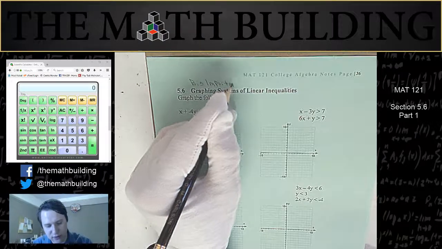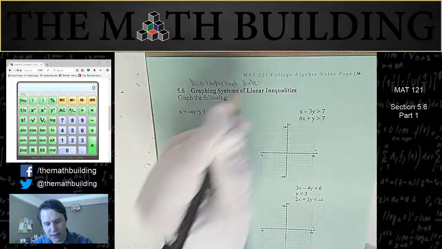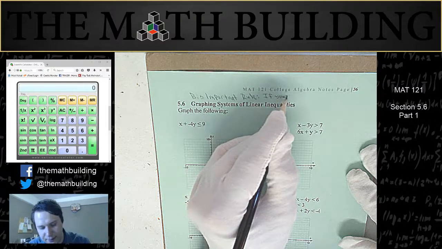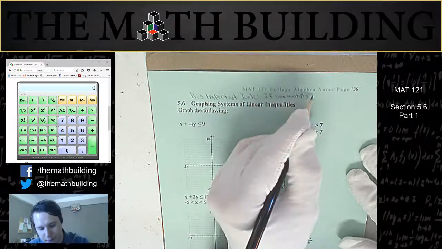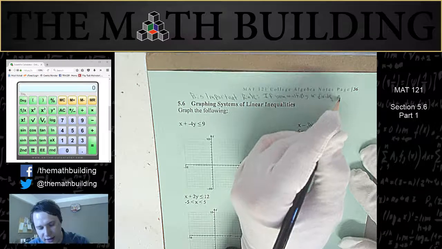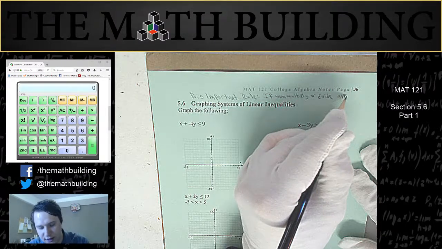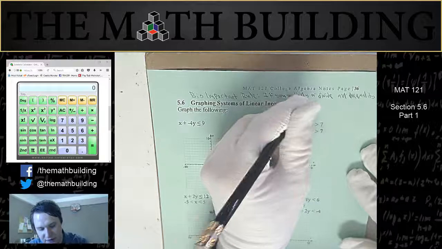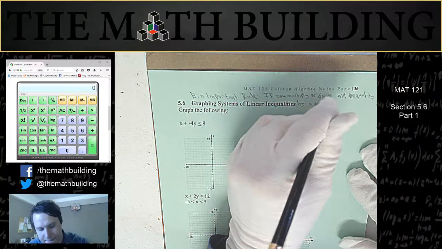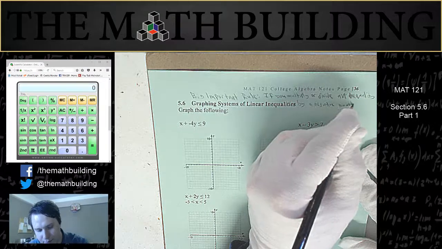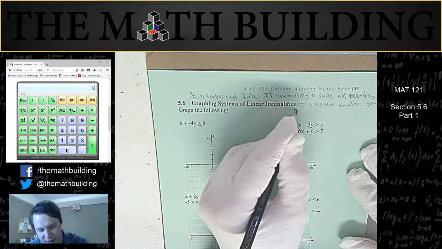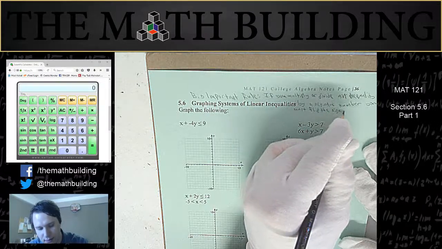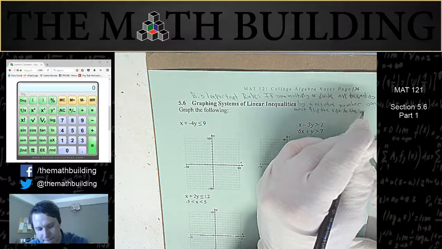And the big important rule is something you should memorize. The big important rule says, if you multiply or divide an inequality by a negative number, you must flip the sign of the inequality.